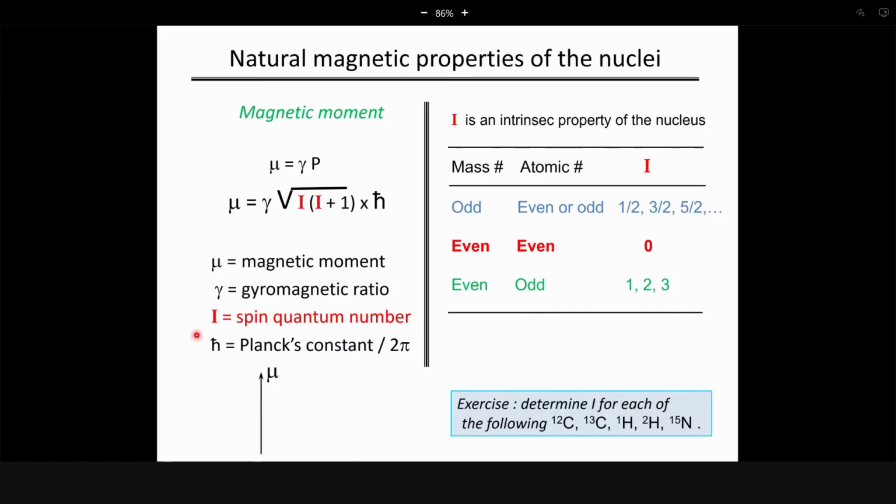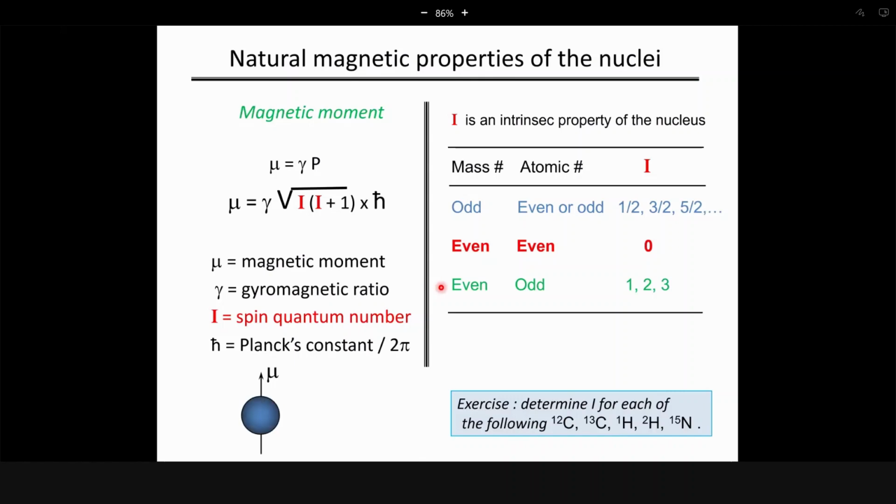If I is equal to 0, that means that both mass number and atomic number are even. I equals 0, we don't have magnetic properties because the magnetic moment is equal to 0. But in the other case, we could have magnetic properties and we can get an NMR spectrum for this atom.